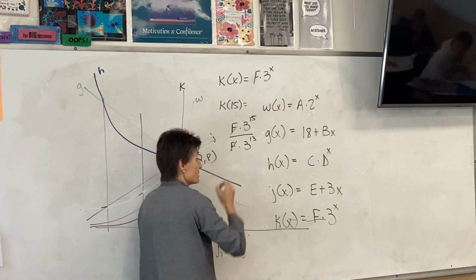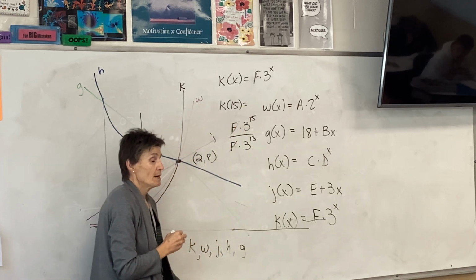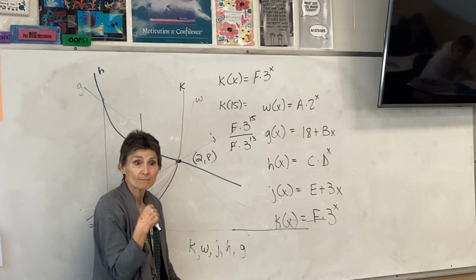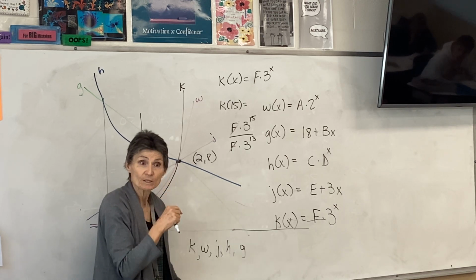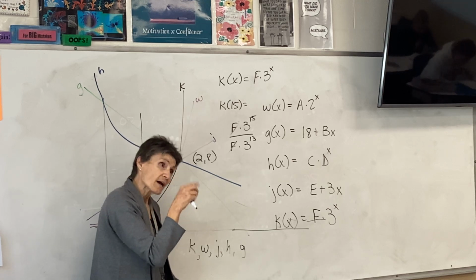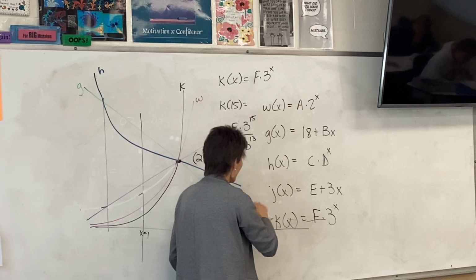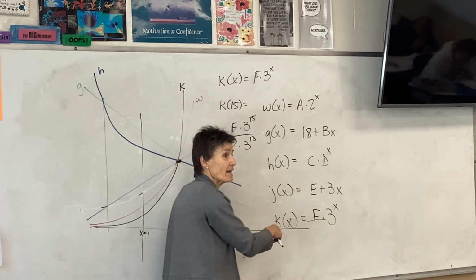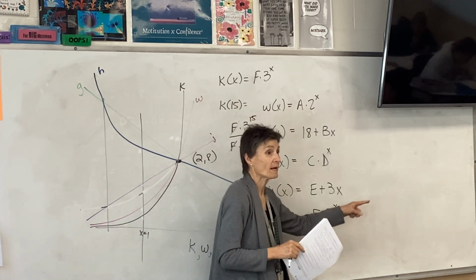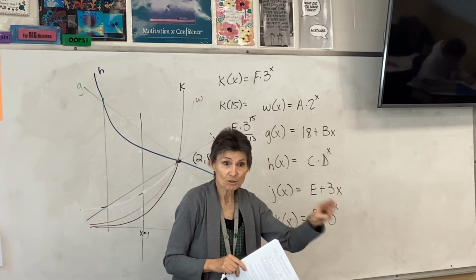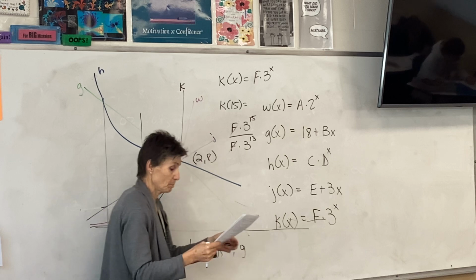So those F's are going to cancel, and a whole bunch of 3's are going to cancel, leaving you with 3 to the 2nd, which is 9. That makes sense, because how is function K operating? We just keep multiplying by an extra 3. So when you do 15, you've got 2 extra 3's that you multiply by.